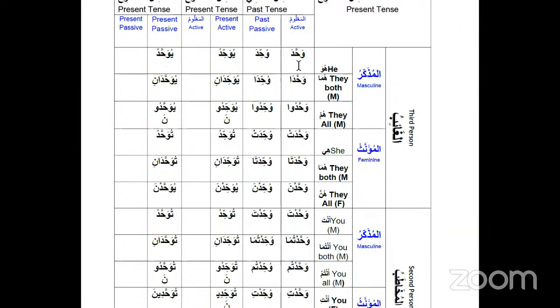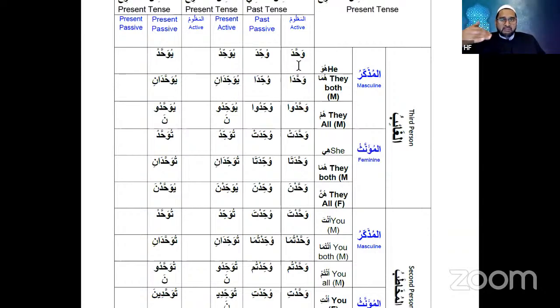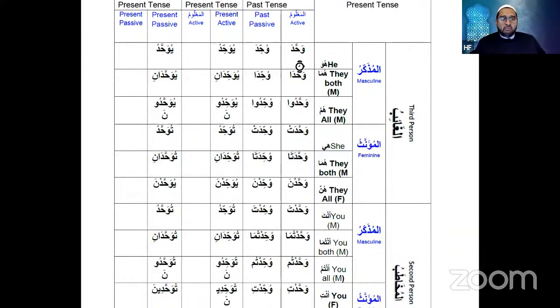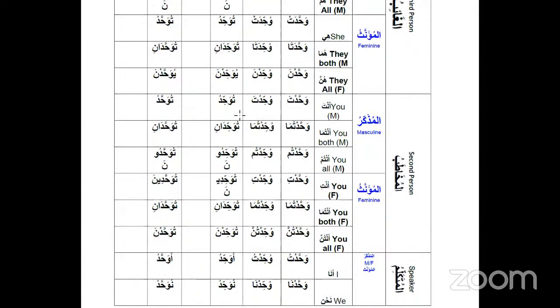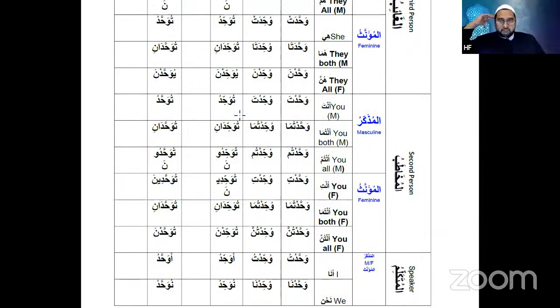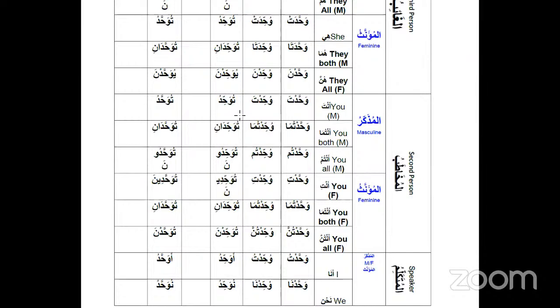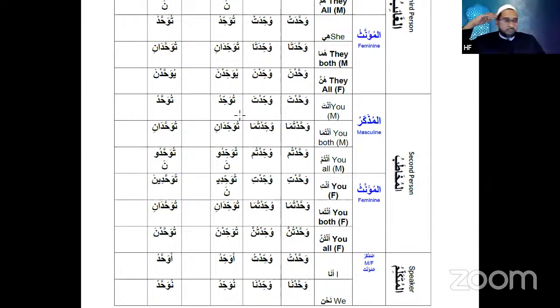Now, I haven't written the imperatives on this, but you should have the ability, everyone. Now, the imperatives are made from where? From the second person. Correct. So to tuwahidu, we remove the ta. And since wa already has a haraka, we don't need to put in the alif. So it will be wahid. Conjugate the 6 forms now.